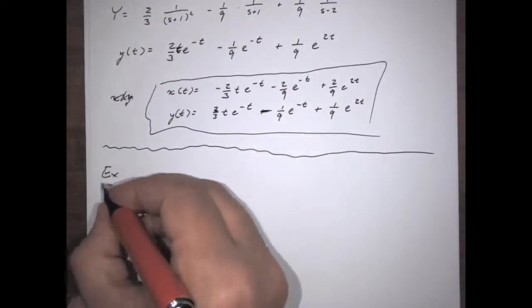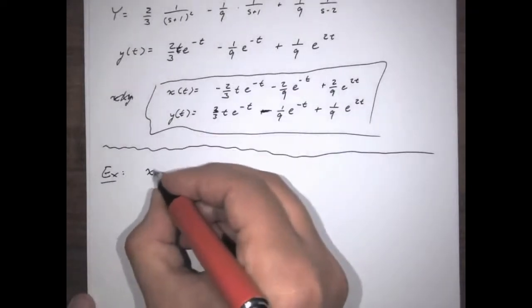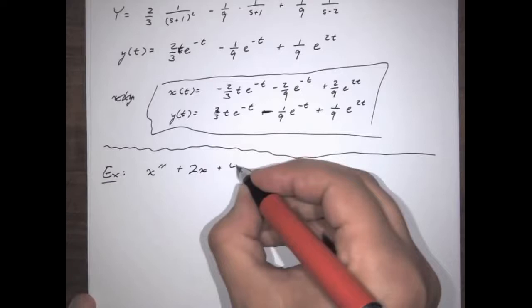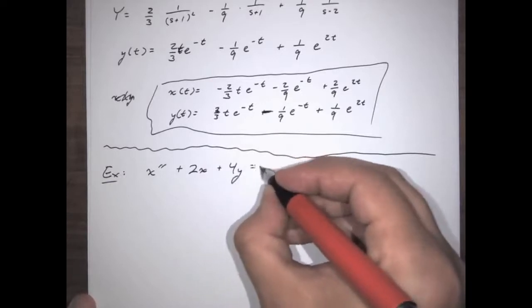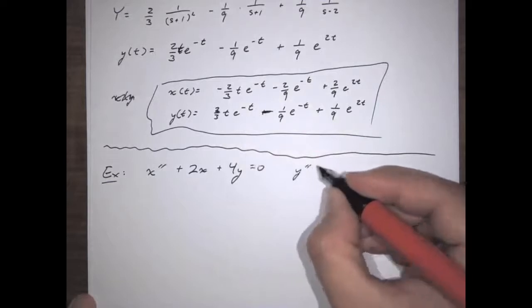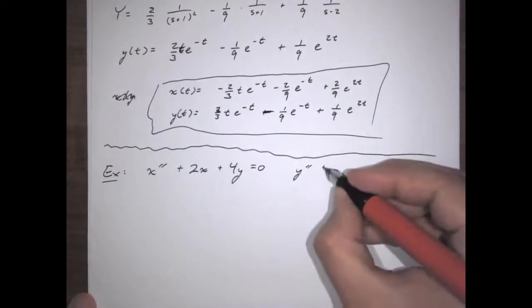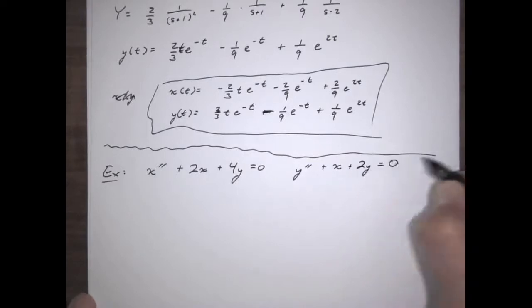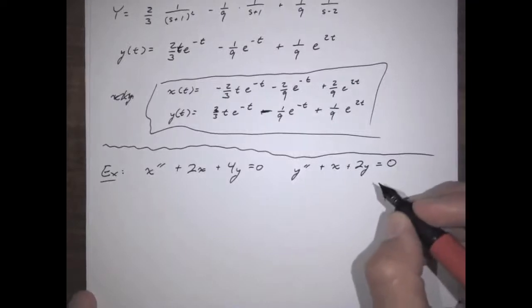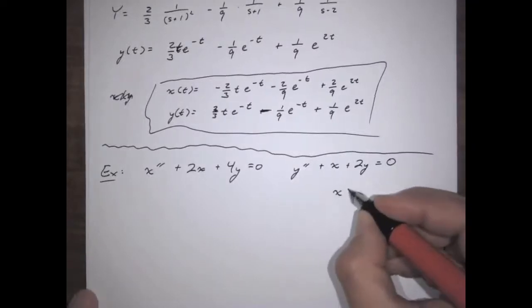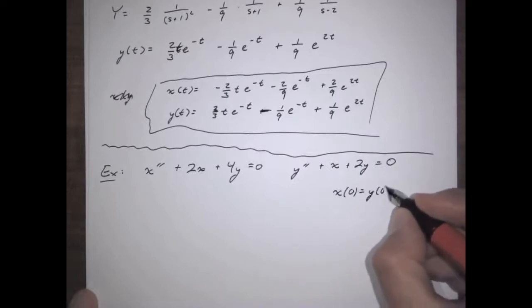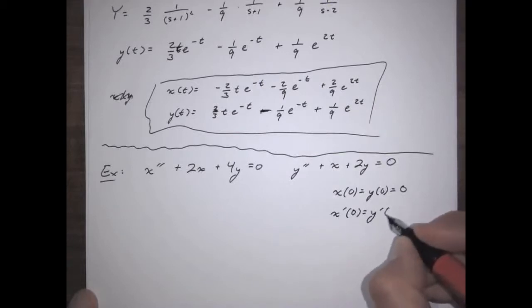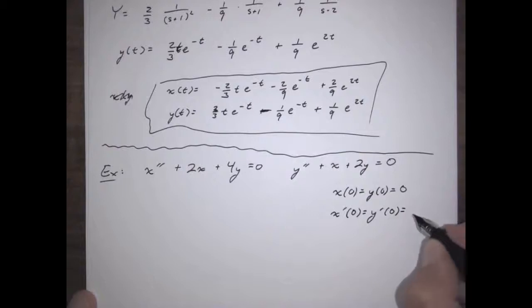So as our next example, let's take a look at x double prime plus 2x plus 4y equals 0, and y double prime plus x plus 2y equals 0, with initial conditions of x of 0 equals y of 0 equals 0, x prime of 0 equals y prime of 0, which equals, say, -1.